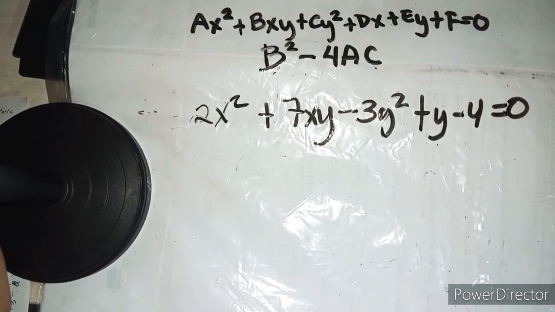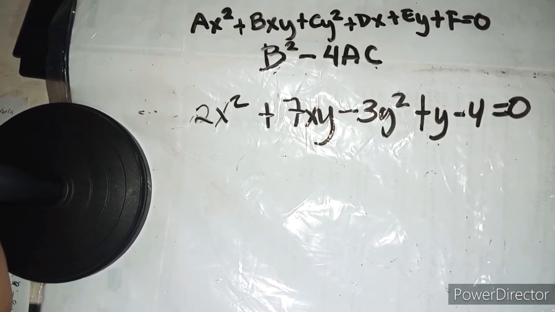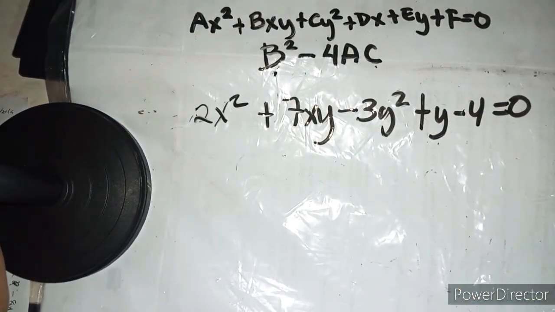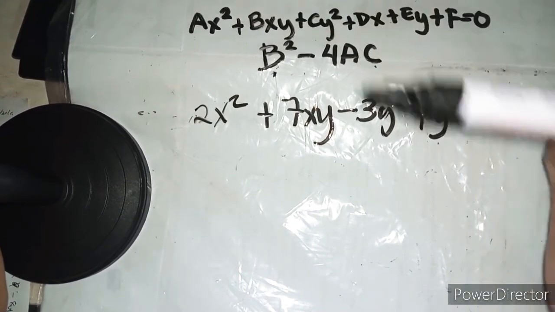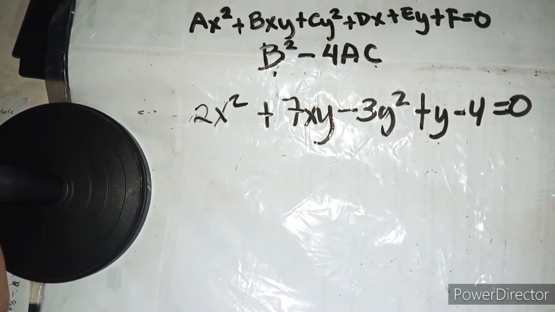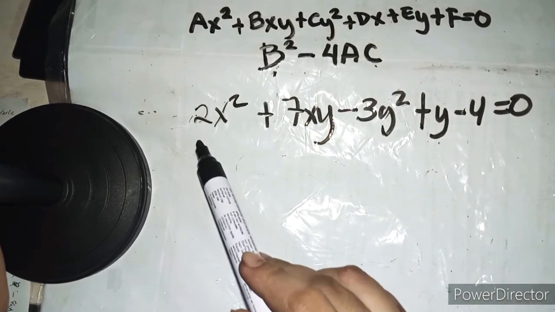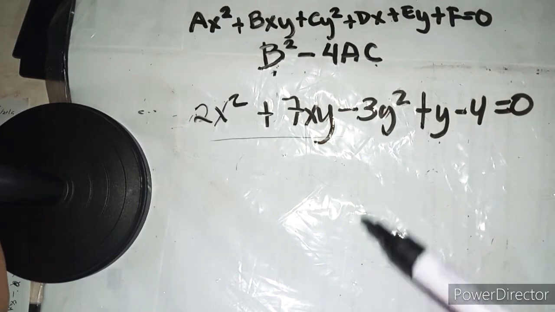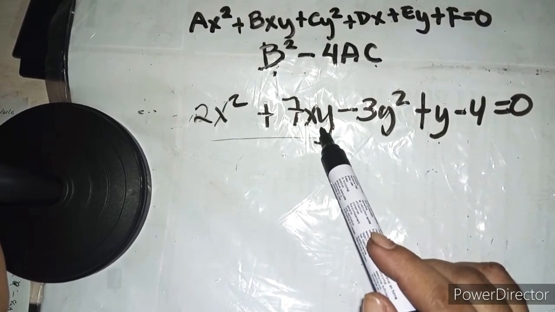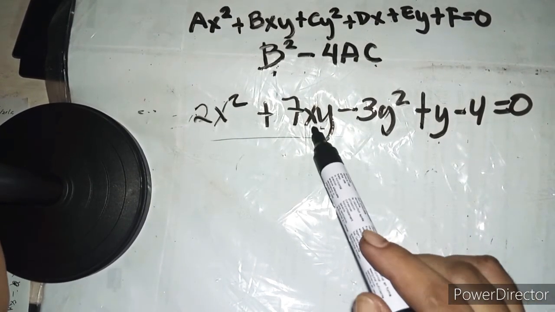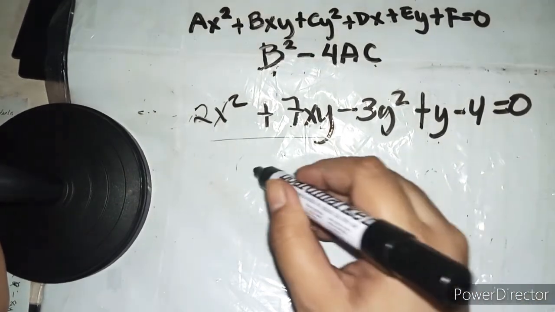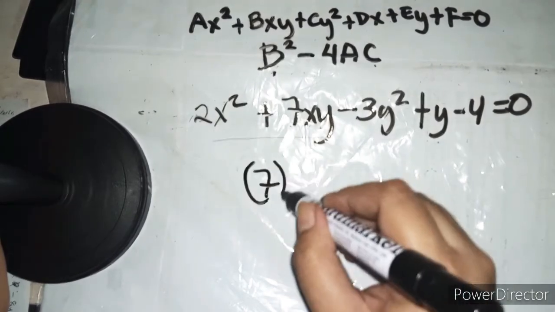First, let's identify the values of a, b, and c. So let's find first the value of b. Let's check it here in our general form. So bxy. So let's check now here in our given equation. The coefficient of xy here in the given equation is positive 7. So let's rewrite it here.